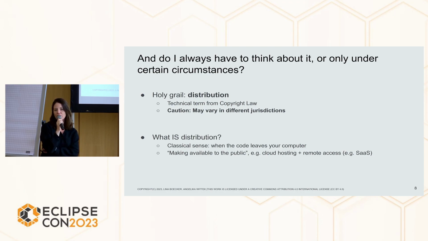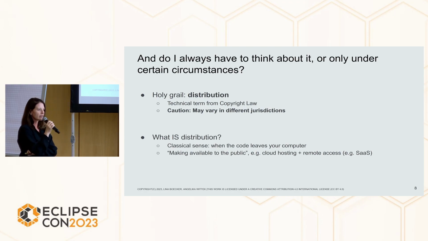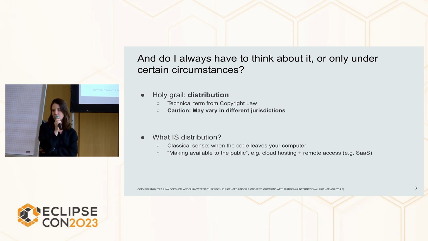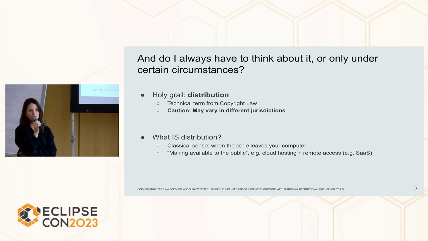It can occur in various scenarios, and anytime you distribute something, you have to comply with the license requirements. Otherwise, you might lose the rights to deal with the software, and you might expose yourself to claims from third parties. The most difficult thing about the distribution is it comes from a US legal background, and it's interpreted under German copyright law.